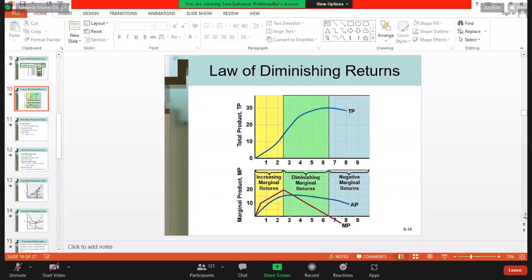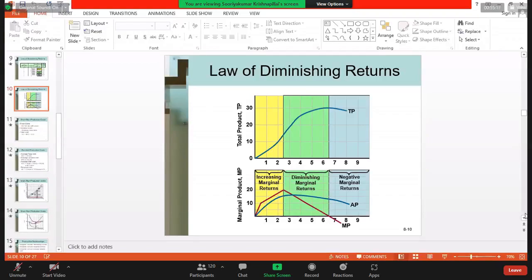So this additional mark is the marginal, like marginal product, marginal cost. If the marginal product is greater than the average product, then your average product increases. If the marginal product is less than the average product, then your average product decreases. Like that, marginal cost: if the marginal cost is less than the average cost, then your average cost decreases.